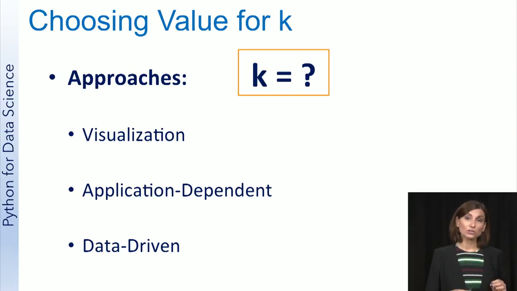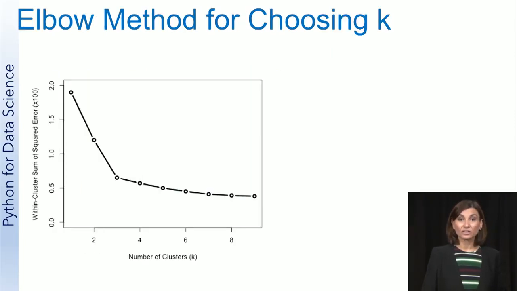There are also data-driven methods for determining the value of k. These methods calculate some metric for different values of k to determine the best selection for k. One such method is the ELBOW method. The ELBOW method for determining the value of k is shown on this plot.